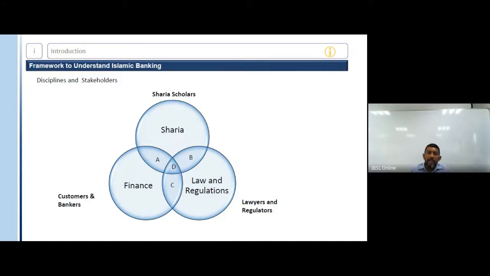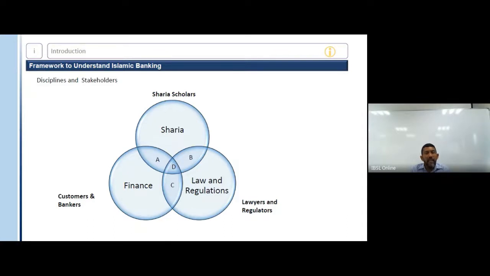Where there is deviation in any of these areas to quadrant A, B, or C, that will create issues in the long run. So if we are to think of the challenges, or more than challenges, the issues in Islamic banking, the issues will come in quadrant A, B, or C. This applies to any Islamic bank, any Islamic banking window, any subsidiary of a conventional bank which does Islamic banking.